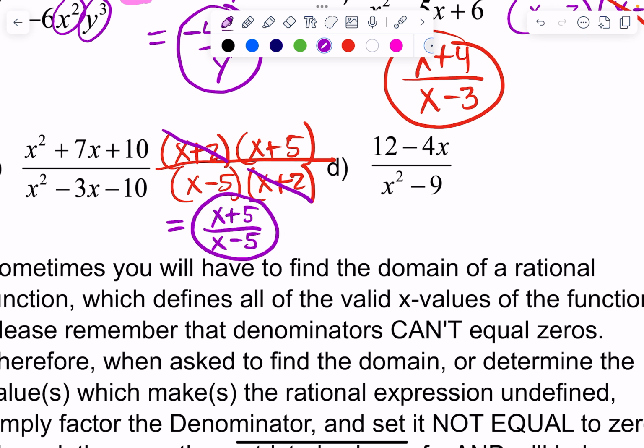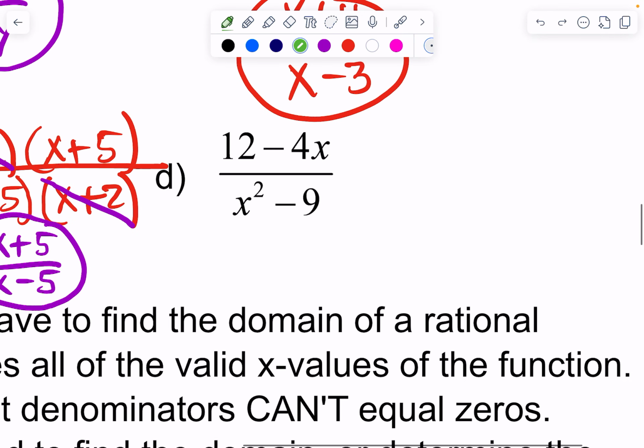Friendly reminder, no, you cannot eliminate those x's. No, you cannot eliminate those 5s. Why? Because you would be taking out or eliminating individual terms from polynomials, and that's a no-no.